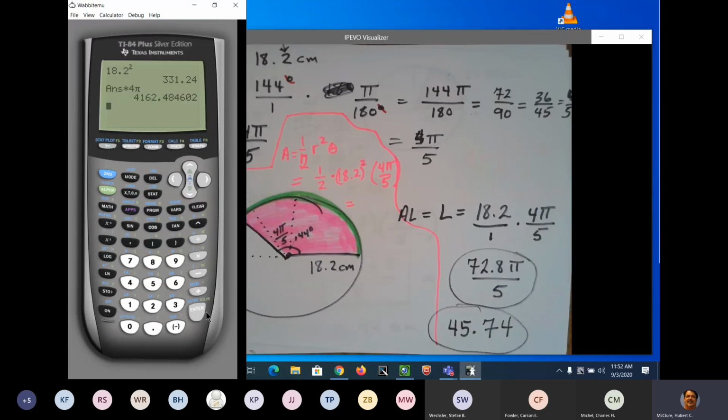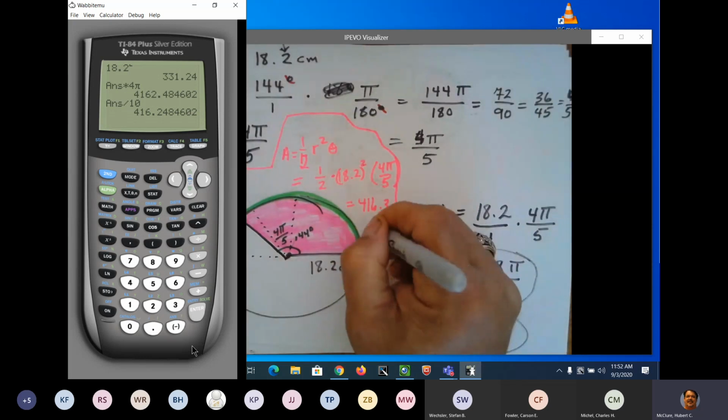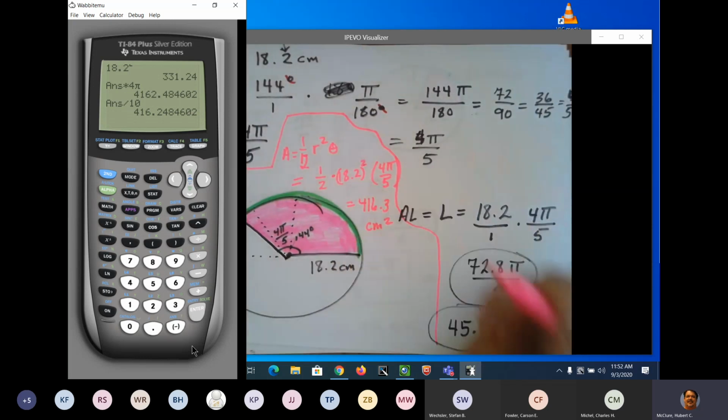And I'm going to divide that by 10. Of course, you just move the decimal, but we're going to divide by 10. And that's going to be 416 square centimeters. 416.2. Well, technically 0.3. So 416.3 square centimeters.